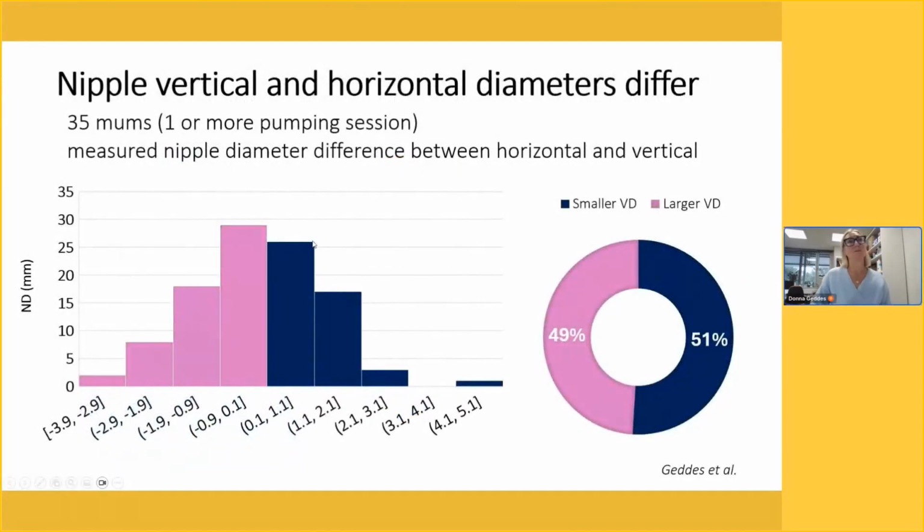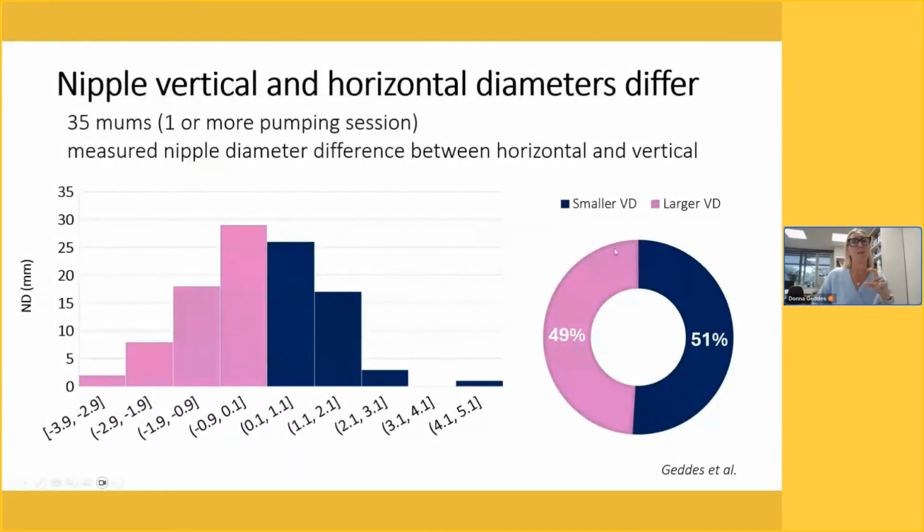Now, we're often asked about nipples and how to size the shields from many mums coming into our pumping study recently. So I'd just like to point out, depending on how you measure the nipple, you will get a different result. So we typically measure horizontally across the nipple and vertically up and down from the nipple.